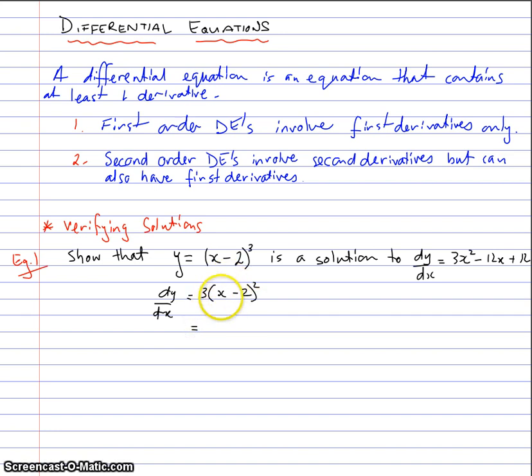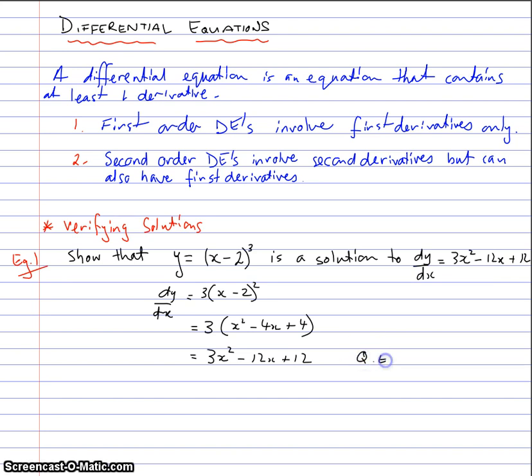Then we can expand that because we want to see whether this is the same as this. 3 outside of, now expanding this binomial product, x squared minus 4x plus 4, equals, expanding, 3x squared minus 12x plus 12. And that we can see is the same as that.